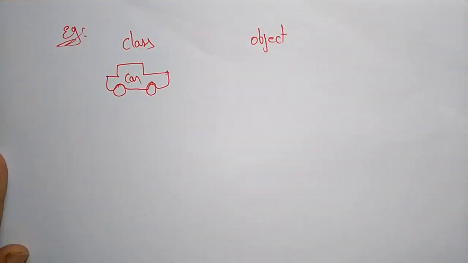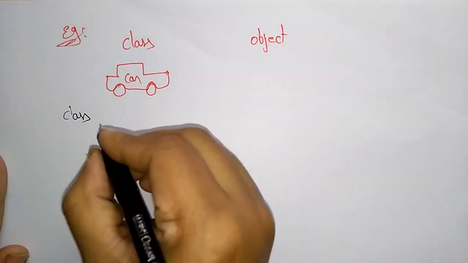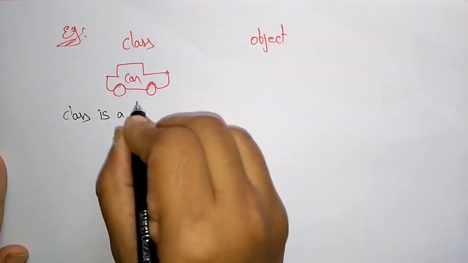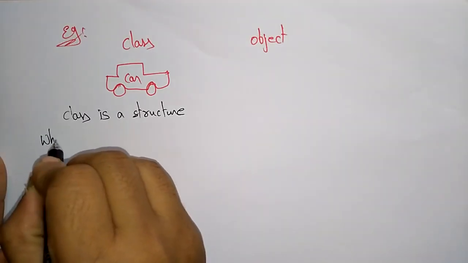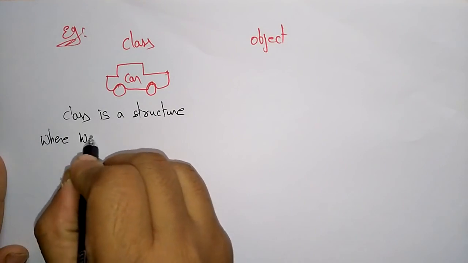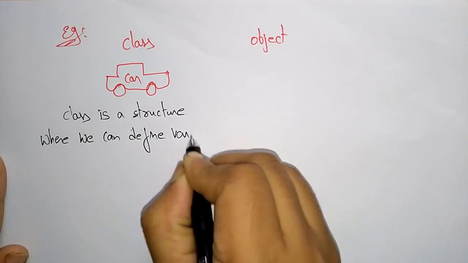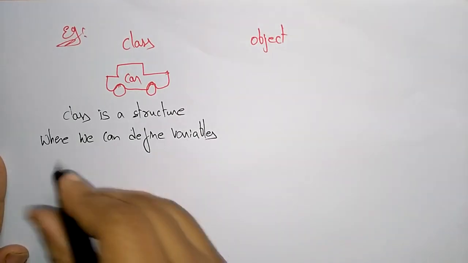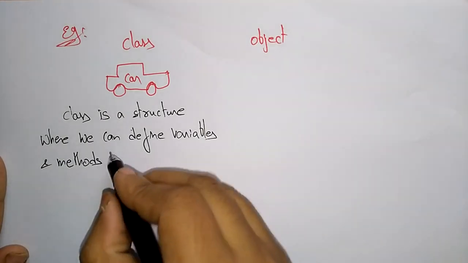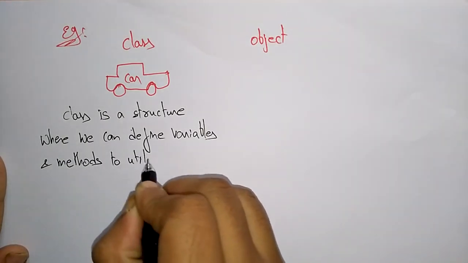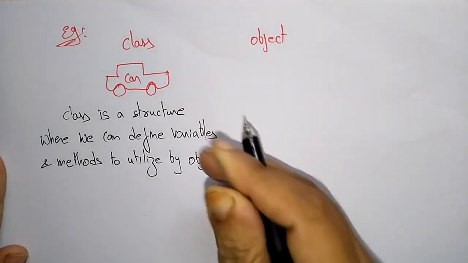Here the class is a structure where we can define variables and methods to be utilized by objects. So in the class, you call it a structure.